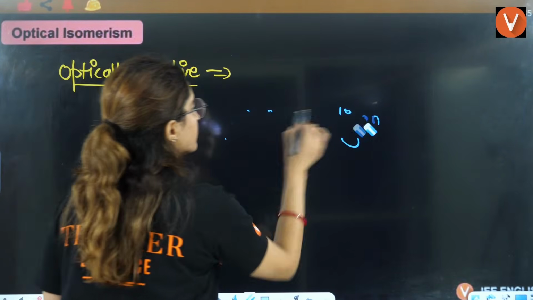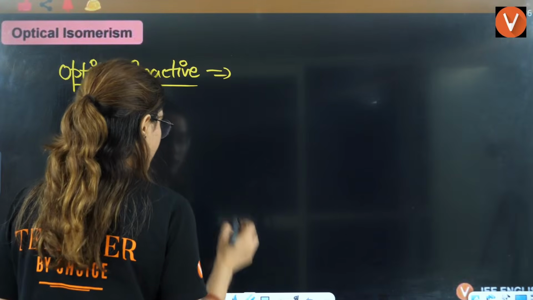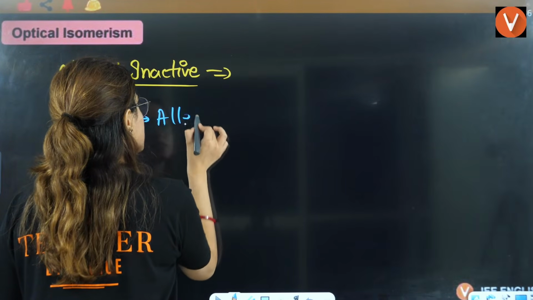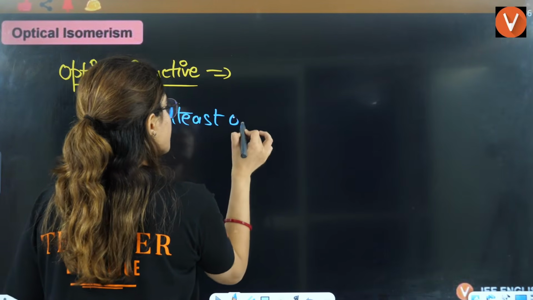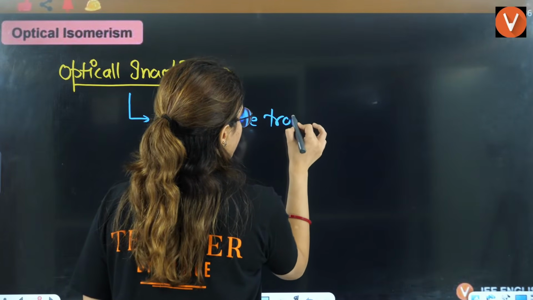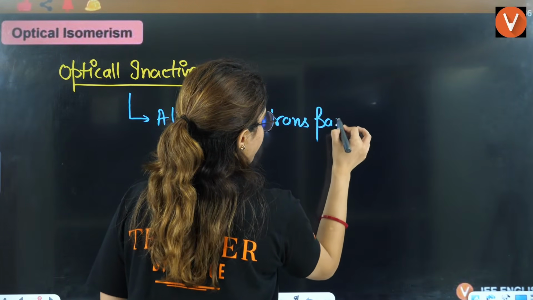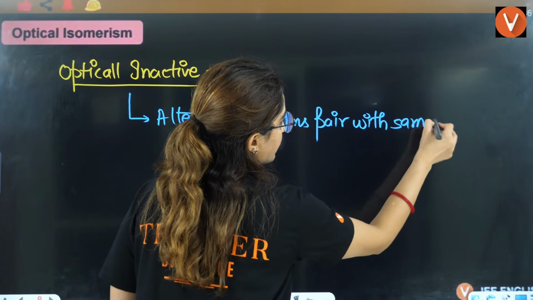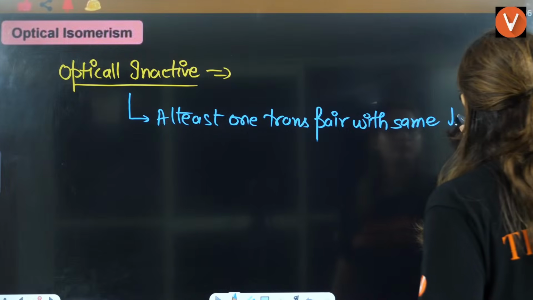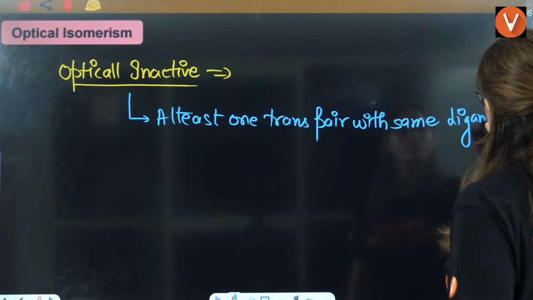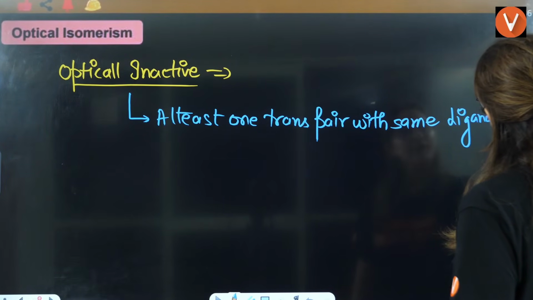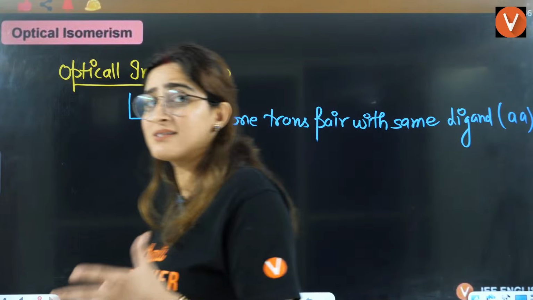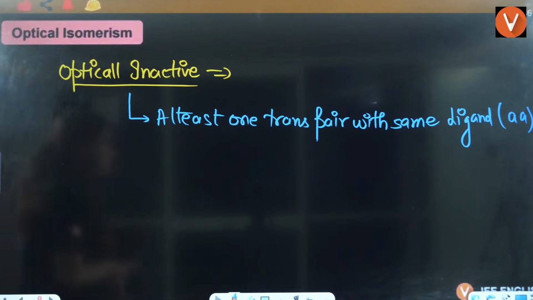Or you can say if you have at least one trans pair with the same ligand, like you have one AA or BB or CC, that will be optically inactive.